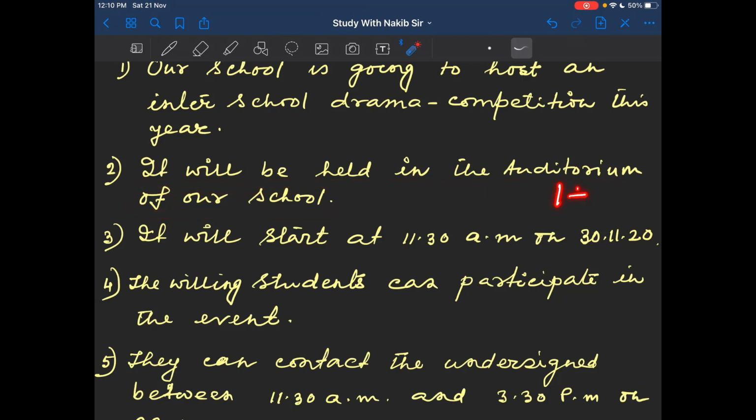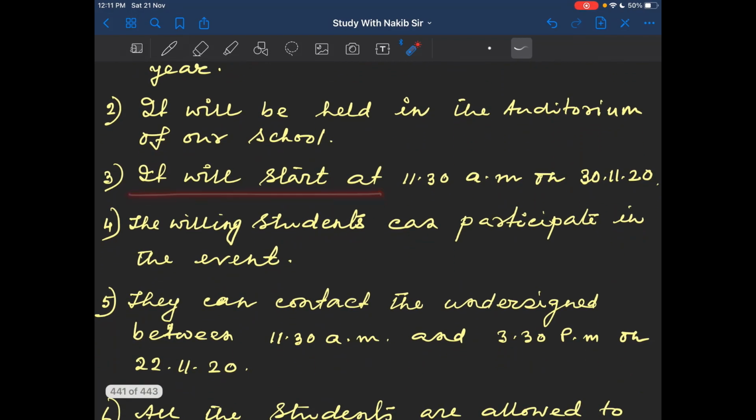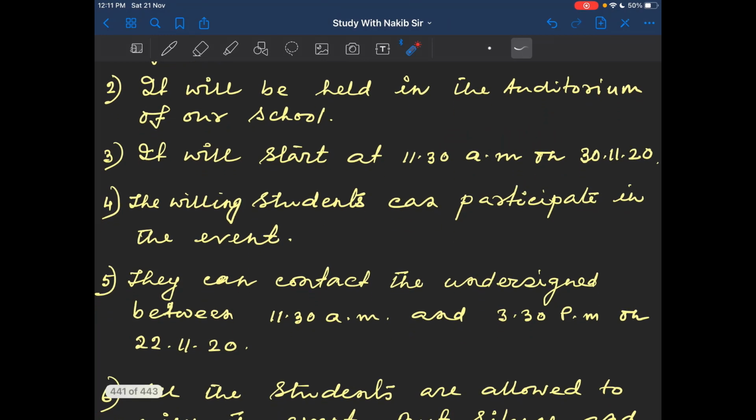You will get 1 mark, and it will start at 11:30 a.m. on the 30th of November 2020, and for this you will get 1 mark. So you have already got 1 plus 1 plus 1 is equal to 3. Now let's see what is to be done for the rest of the points.